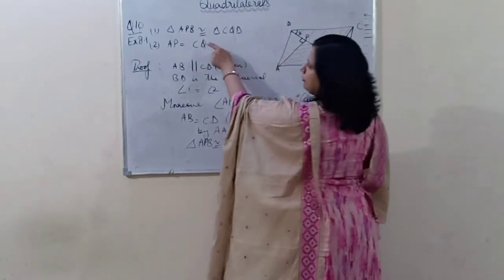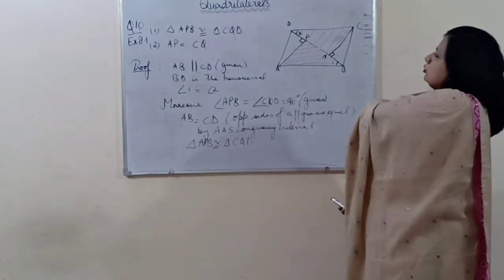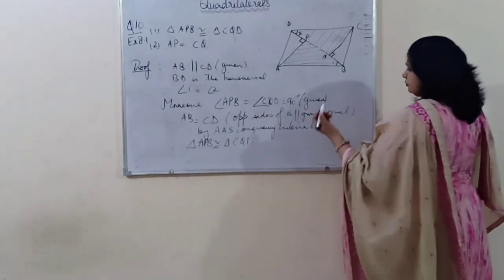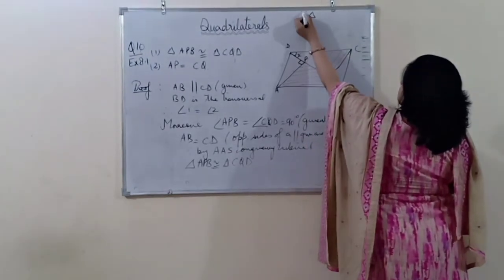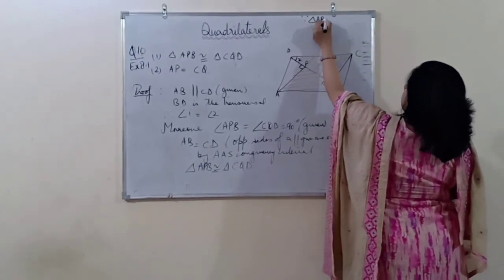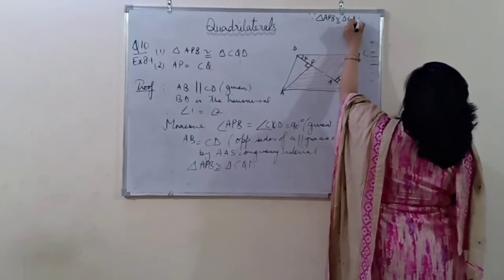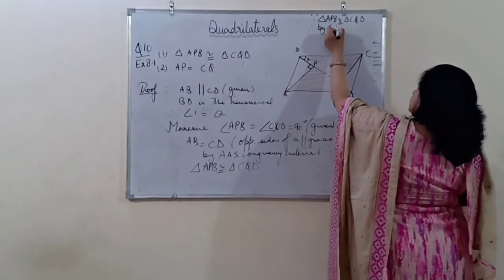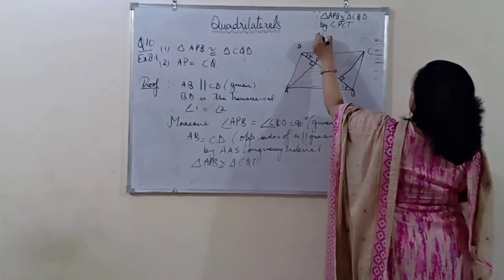Now in the second part, we have to prove that AP equal to CQ. Since triangle APB is congruent to triangle CQD, therefore by CPCT we have AP equal to CQ.